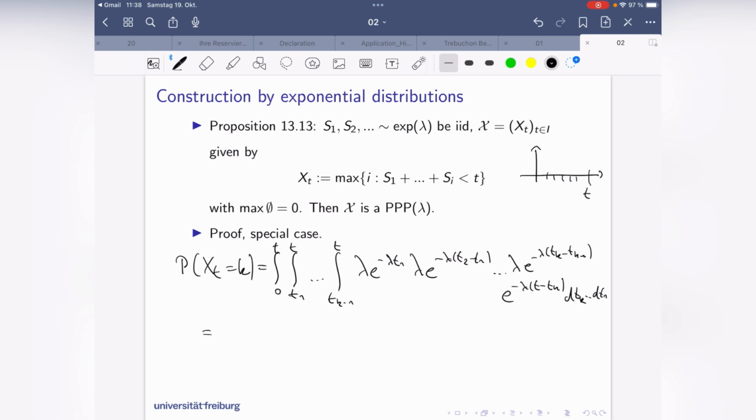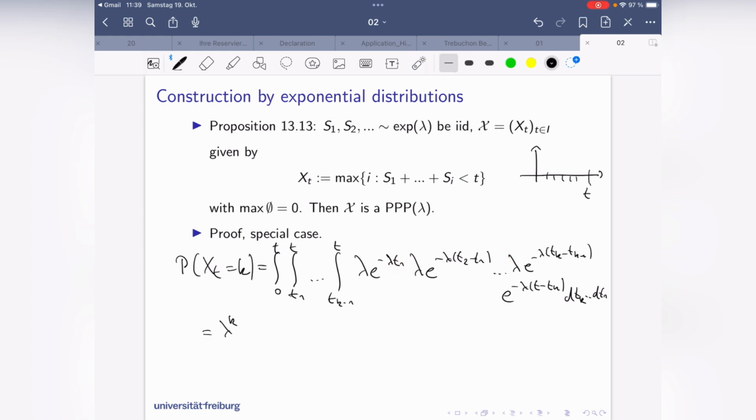I have k lambdas here, so I have lambda to the power of k. And something nice happens with the exponentials. I have here e to the minus lambda (t minus tk), then (tk minus tk minus 1), so that tk minus 1 goes with the next one, and so on. And the t1 goes also.